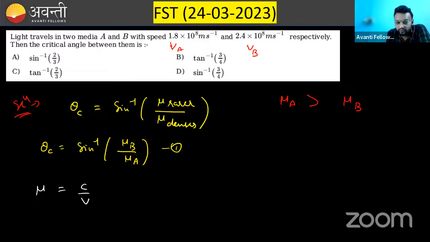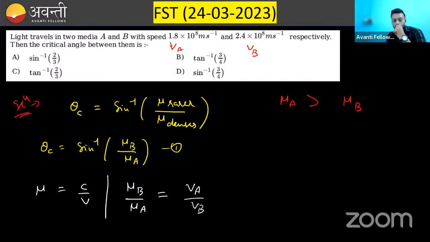So mu B by mu A, the refractive indices, is reciprocal to velocity. That means vA by vB. If A is in the denominator, then A will be in the numerator in terms of velocity.